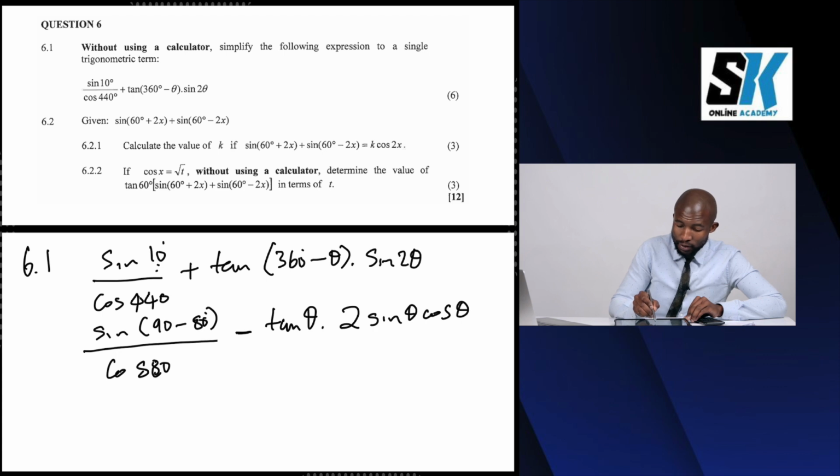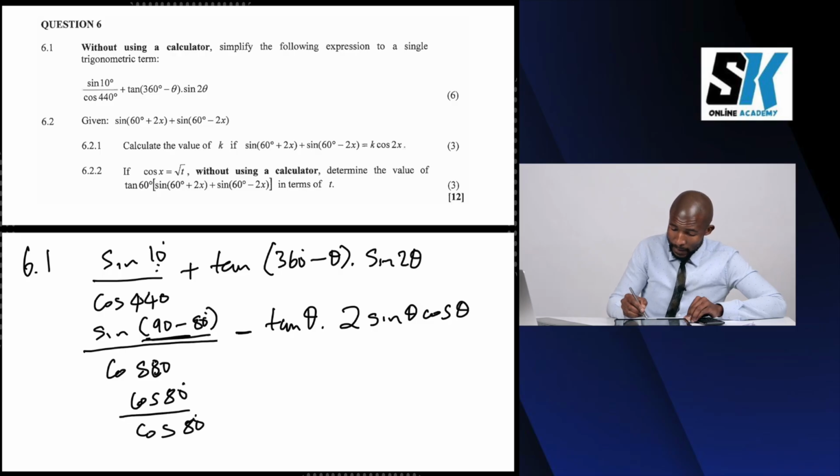Then that is a co-ratio situation, 90 minus 80. In co-ratios we change sine to cos or cos to sine. This is the first quadrant, so it's a positive cos 80 over cos 80 as well.